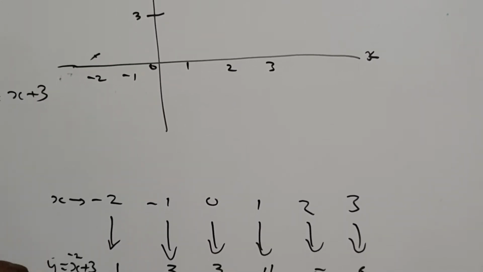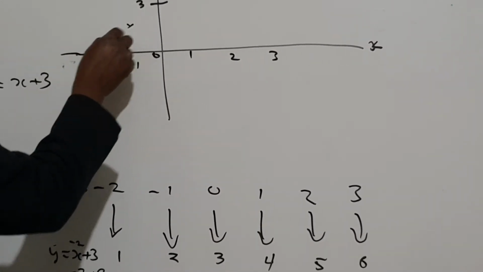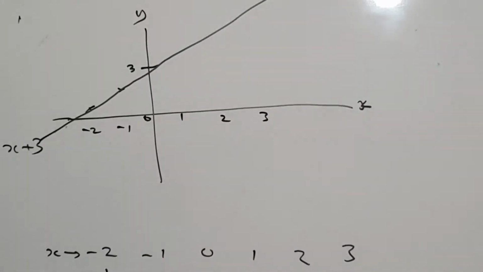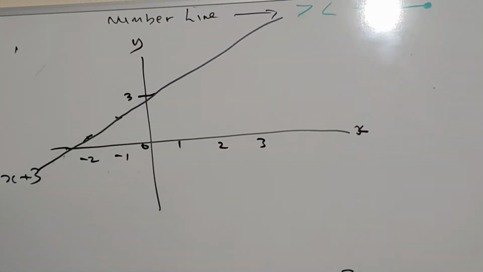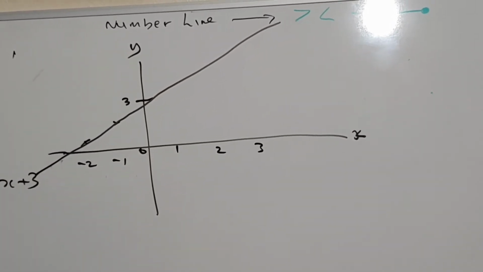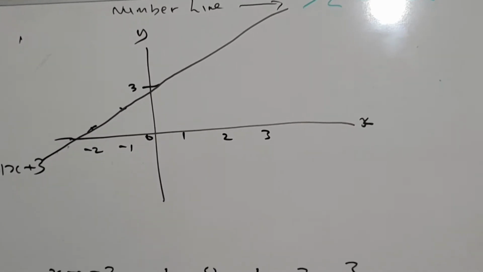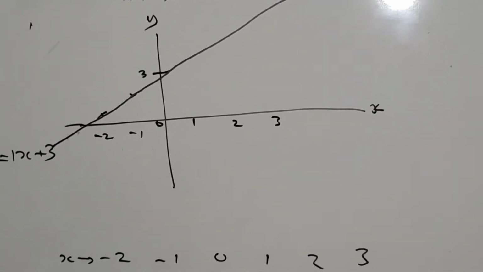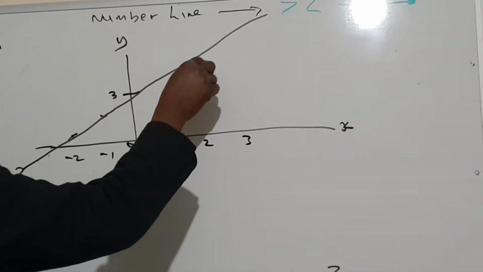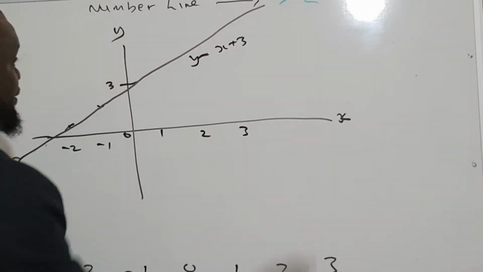When x is minus 1, y is 2. So we can see this equation is like that. But remember, here, this is 1x. So the gradient is 1. The gradient is 1. But the equation of this line is y is equal to x plus 3.